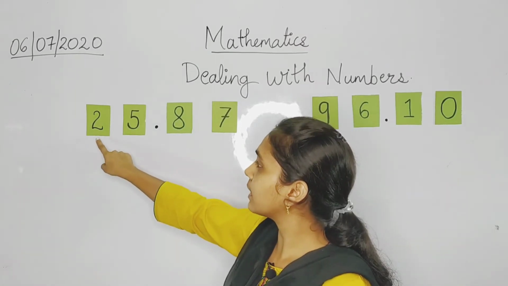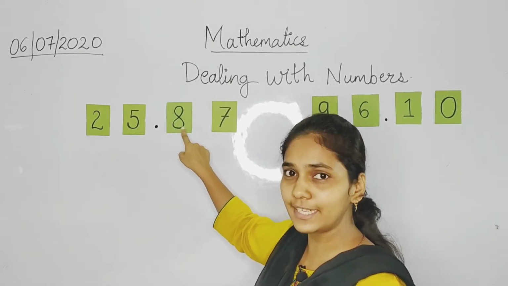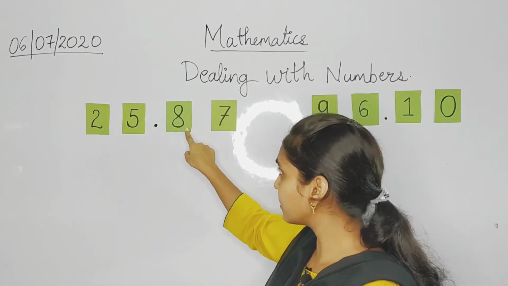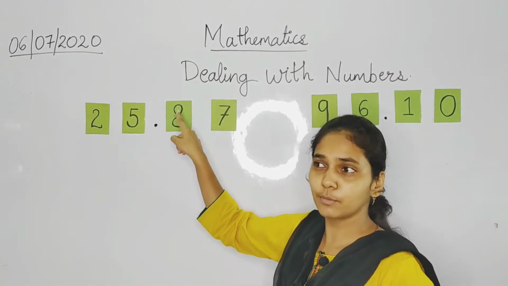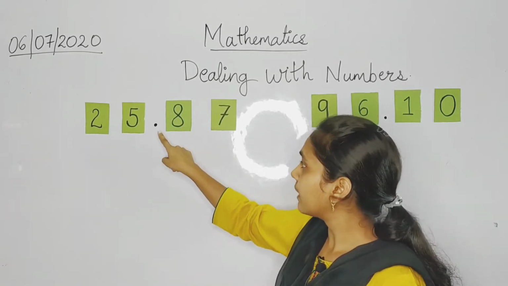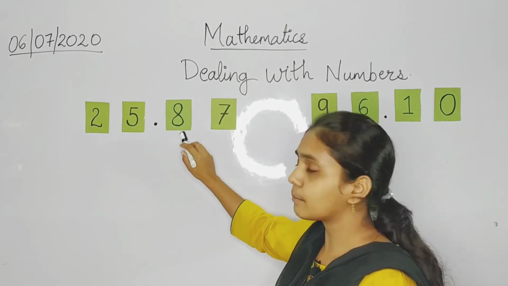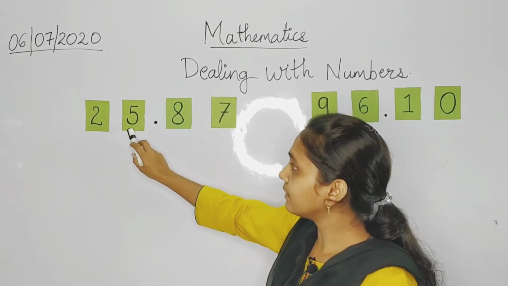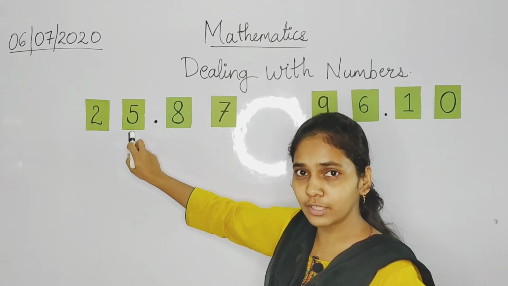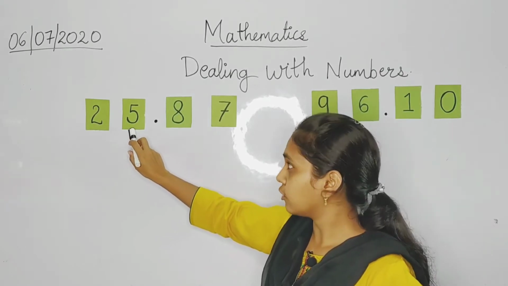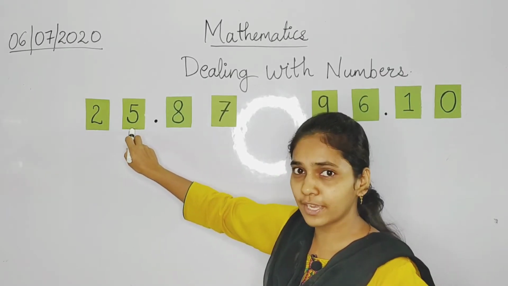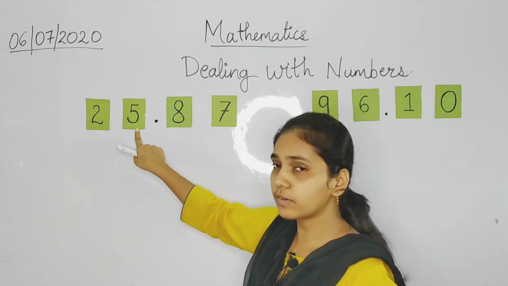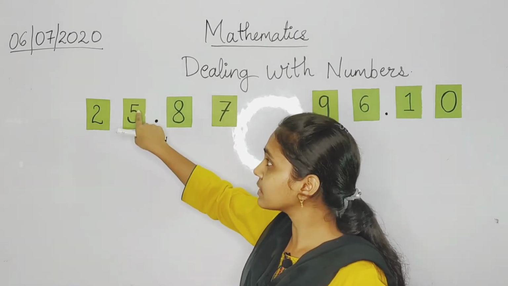In this example the number is 25.87. First we look at the number which is after the decimal point. That number is 8, which is greater than 5. So we add 1 to the number which is before the decimal point. The number before the decimal point is 5. If I add 1 to 5, the number becomes 6.